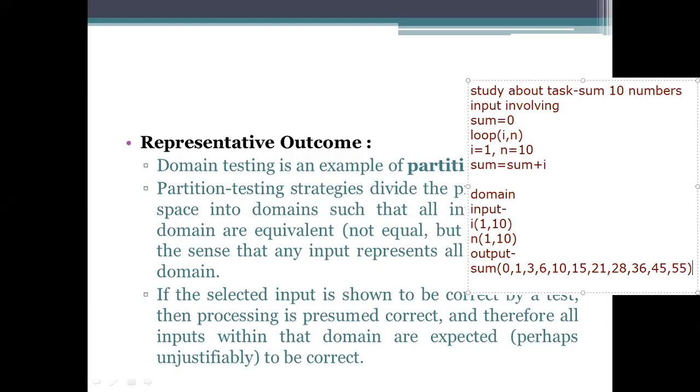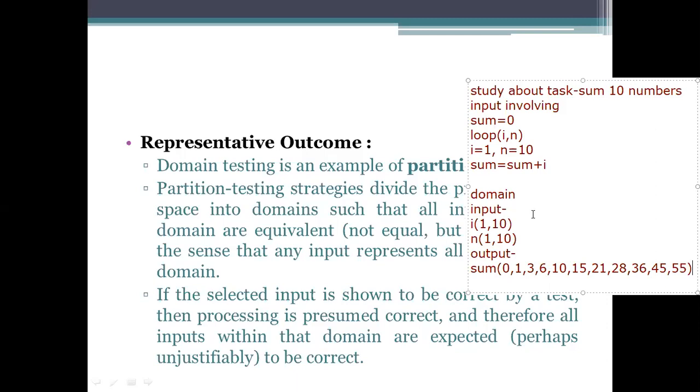If you go for the I and N, they are using the same set of values. Sum is also using the same set, but it is a subset of this one. It means the values we are using in I and N are also present in the sum up to 10 only, and the remaining are not in these values. So we need to specify the domains we have chosen for processing.